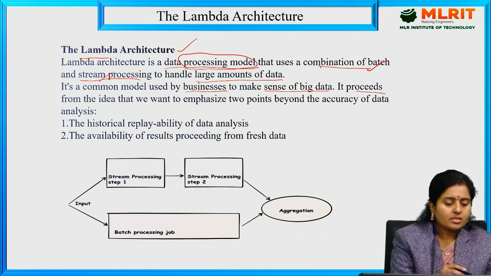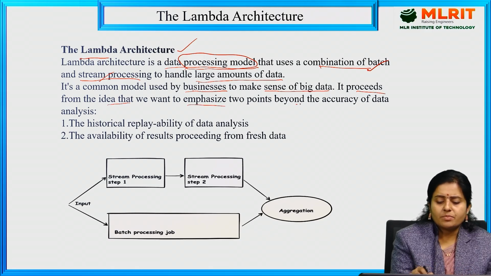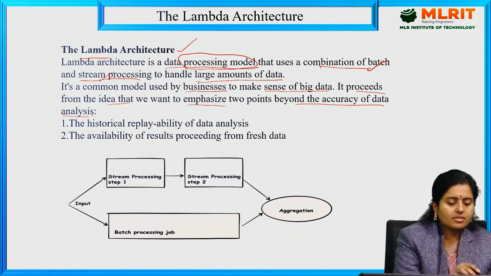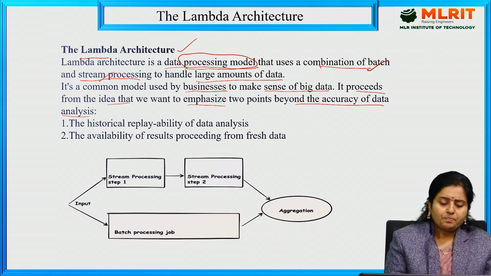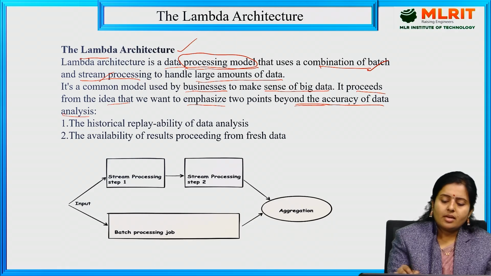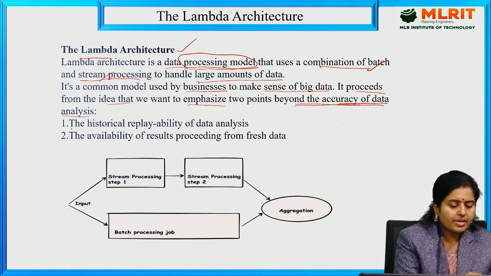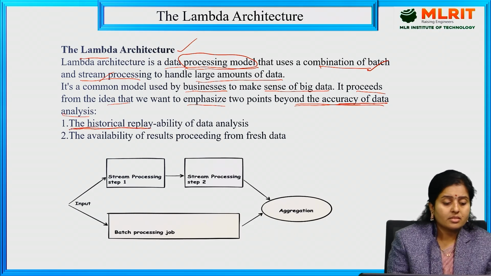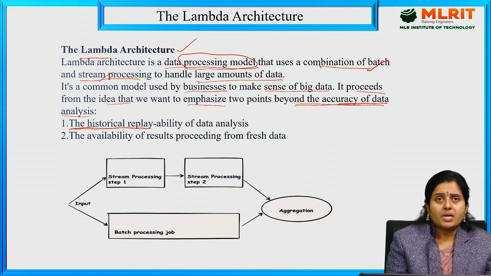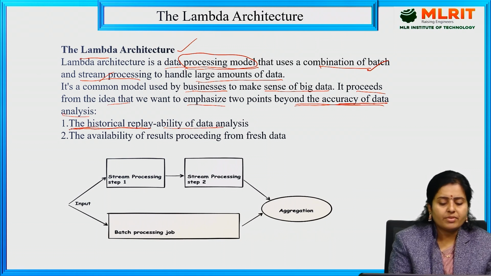It proceeds from the idea that we want to emphasize two points beyond the accuracy of the data analysis. By using this lambda architecture, we emphasize the accuracy of the data analysis through the historical replay. Because as a part of batch, we have to store the historical data, giving the replay ability of data analysis.